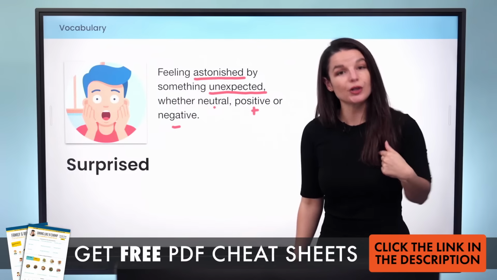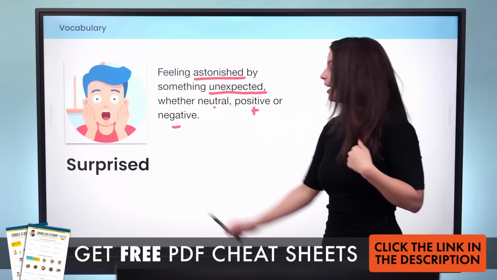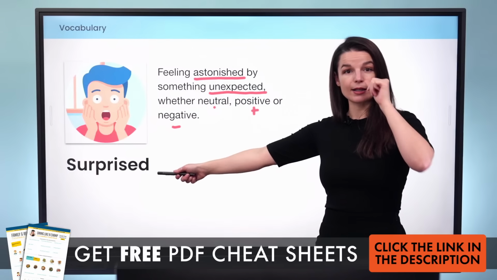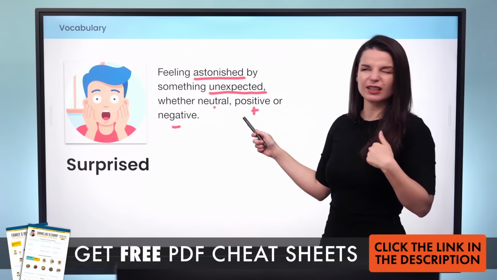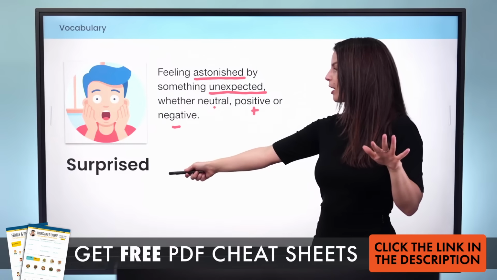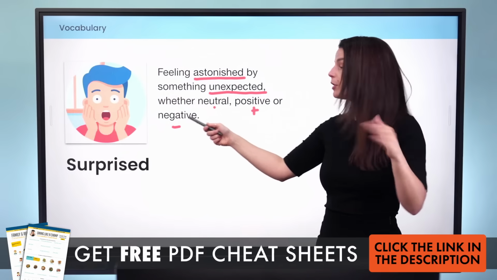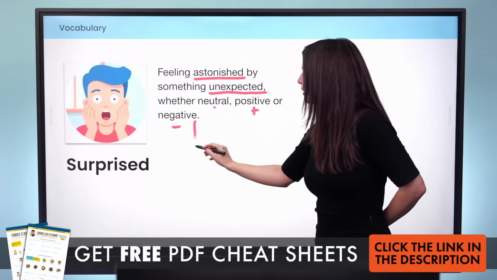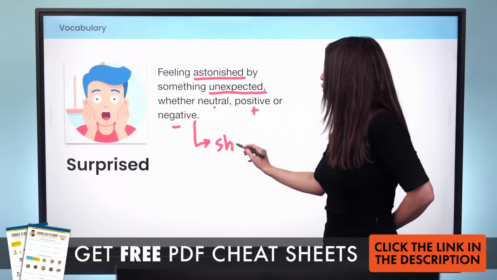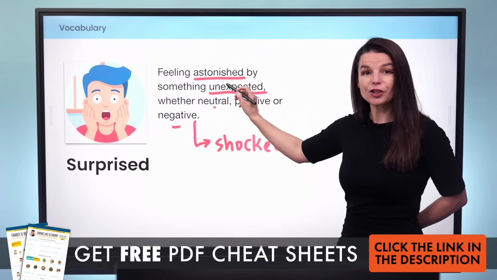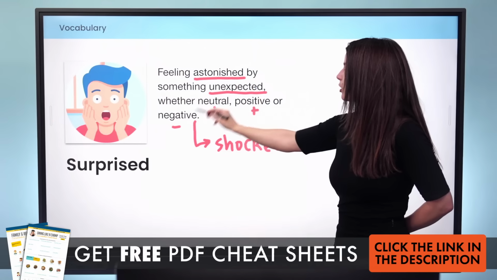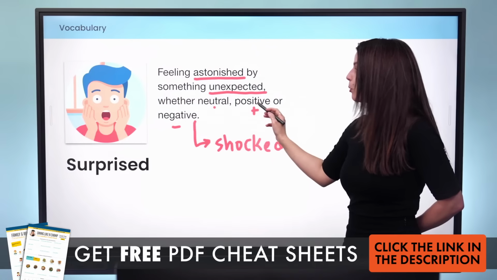For me personally, I usually use surprised for a neutral or a positive thing. I personally don't really use surprised for a negative. For a negative, I would say I was shocked. That sounds very negative to me. Astonished, for me, I could use for negative or positive.